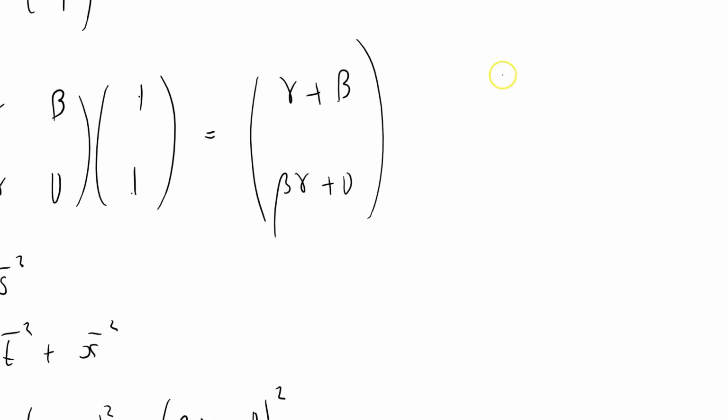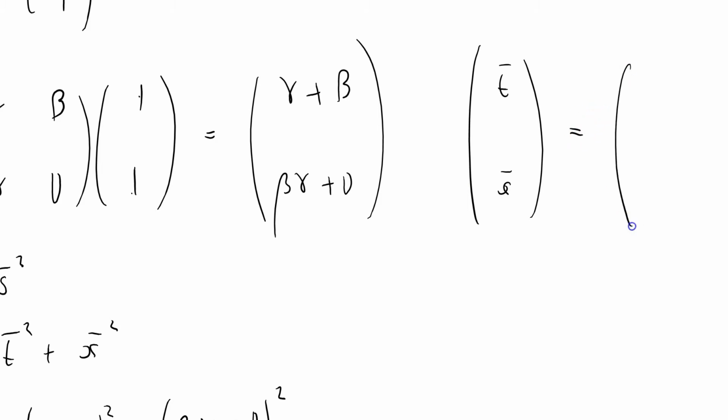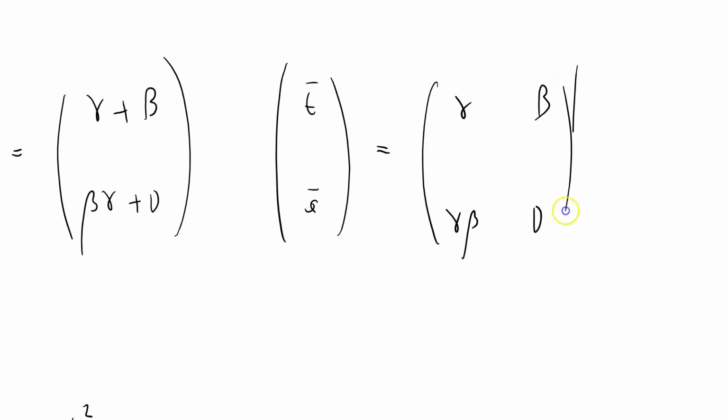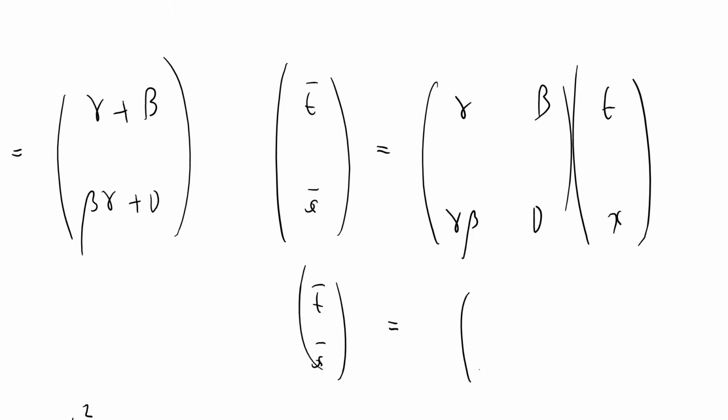So we've got t bar, x bar, this is for the leftward, equals gamma, b, gamma, beta, d, times t and x. Oh no, I'm going to substitute it in. I've got 1 and minus 1 there.